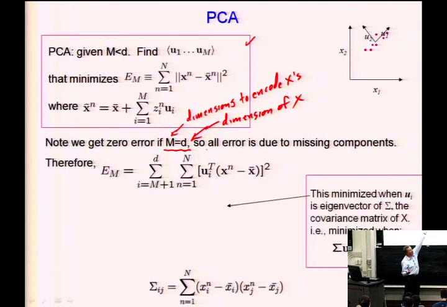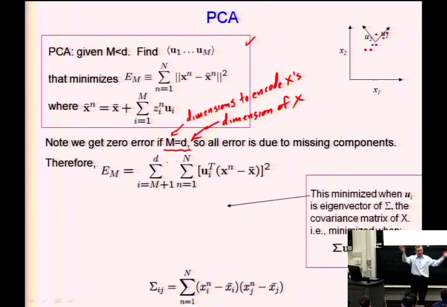U1 and U2 do a perfectly good job of representing the x's. We could map back to the original x1, x2 coordinate frame if we cared, with no loss of information. But when we do get error, it can only happen because we use m smaller than d.